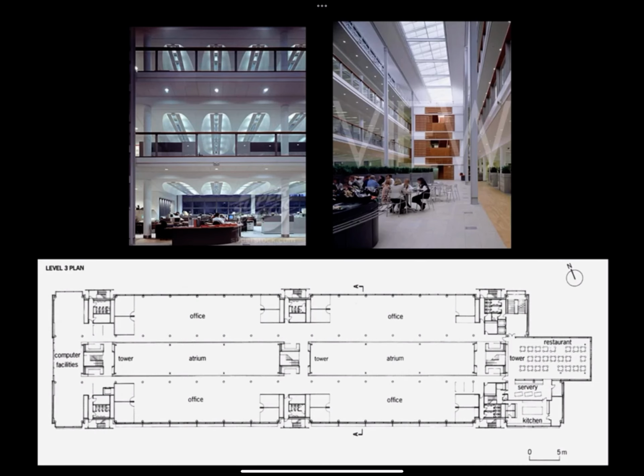The photograph on the right is within the atrium, so you see the slender, tall steel columns with the 2 precast concrete office buildings on either side. And you see the plan organization below. So you can see that the vertical cores are organized very rationally in 3 bands of the building.